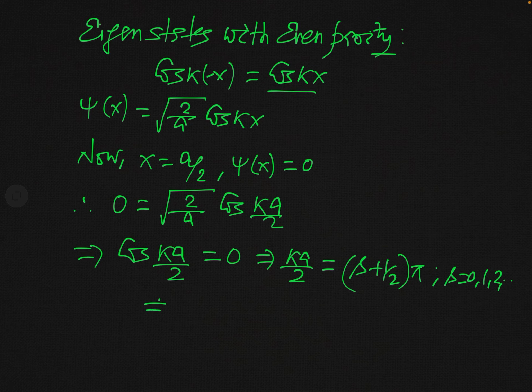And so you can write this k is equal to 2s plus 1 times pi by a.